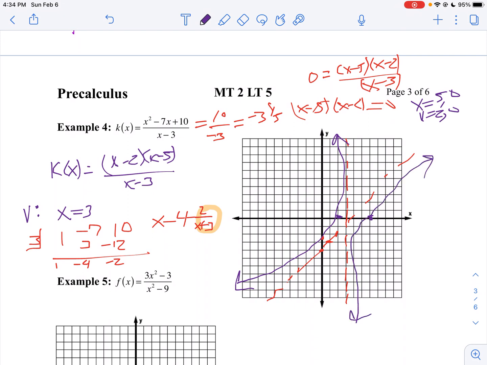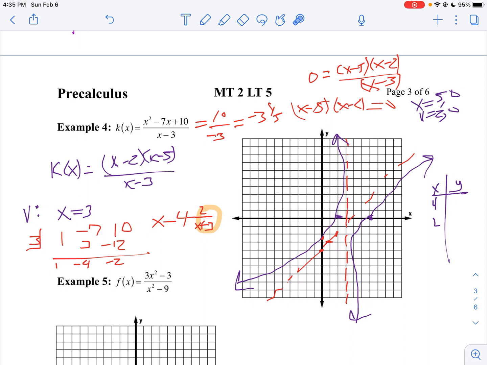Now, you also can make a table, and you want to pick numbers on either side of your vertical asymptote, which is at x equals 3. So I'm going to pick a point for 4 and a point for 2. You can do this in a couple different ways. I'm going to put in 4 here. So 4 squared is 16, minus 4 times 7 is 28.